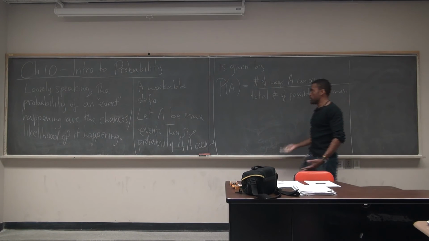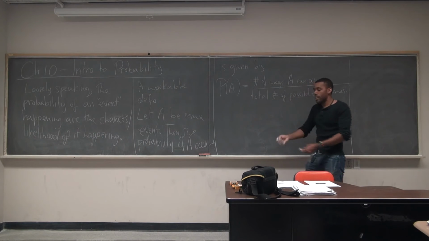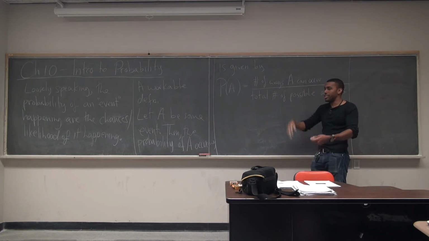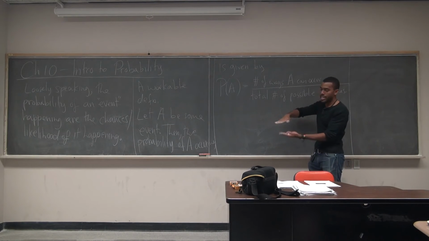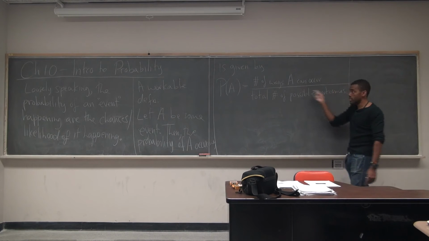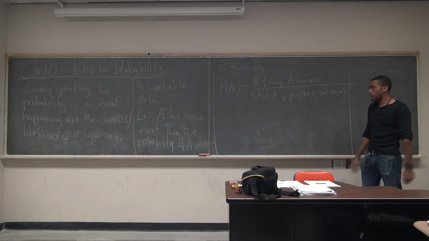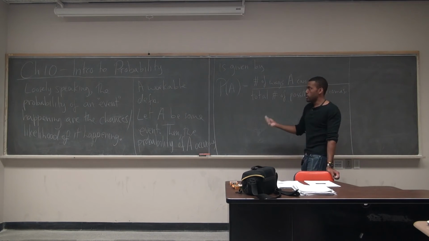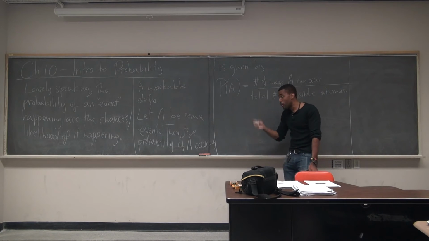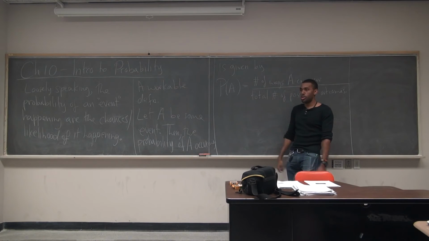Now, this assumes that it's a fair coin, evenly weighted, and getting a heads is as likely as getting a tails. Under those assumptions, this is a pretty workable definition. Otherwise, you can do it by experiments. You pay someone to flip a coin 10,000 times and see how many times a head comes up and how many times a tail comes up, and you put that over the total number of coin flips.